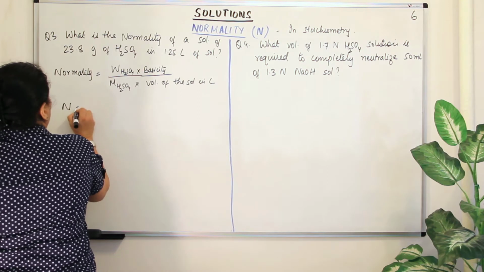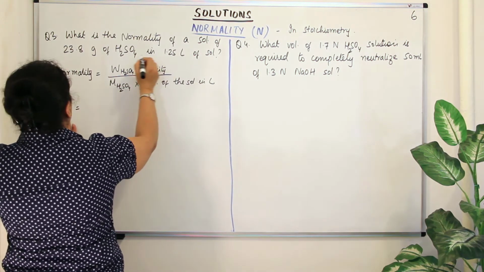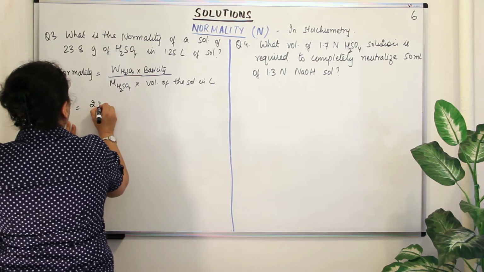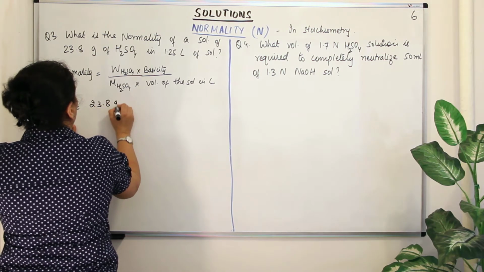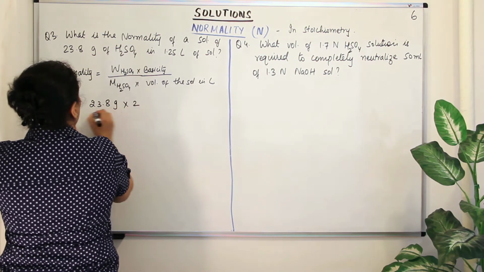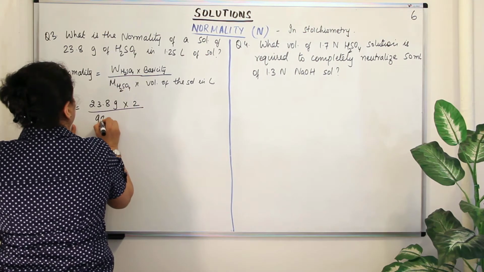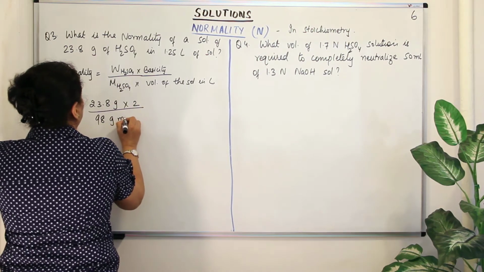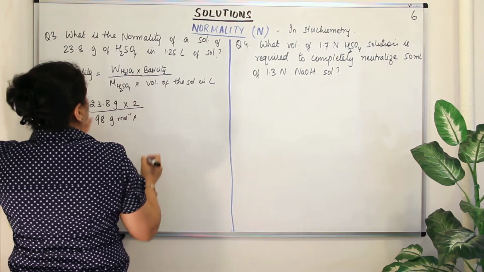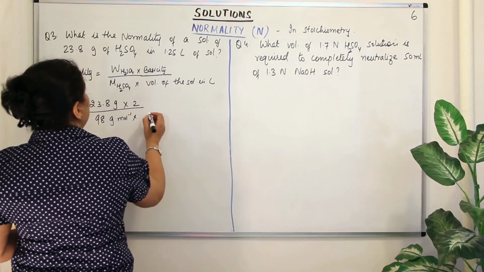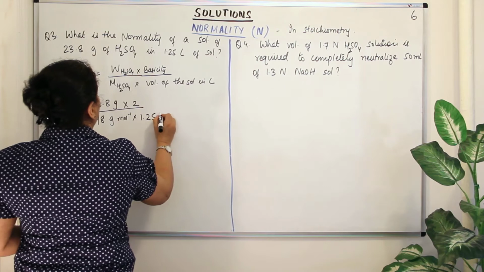The normality would be equal to the mass of H2SO4 given, 23.8 grams, and basicity is 2, divided by the molar mass, 98 grams per mole, and the volume of the solution in liters is 1.25 liters.